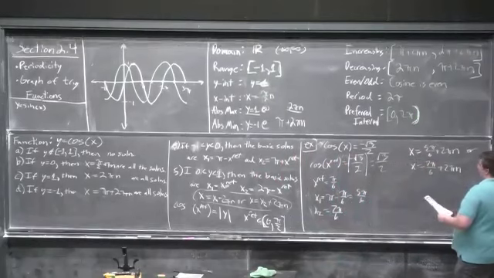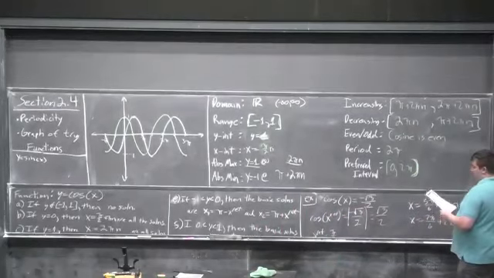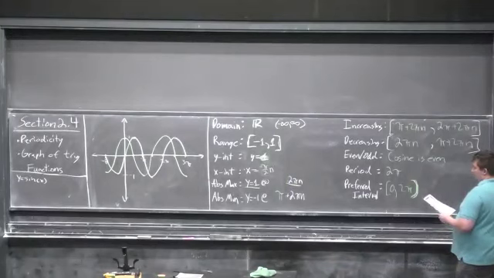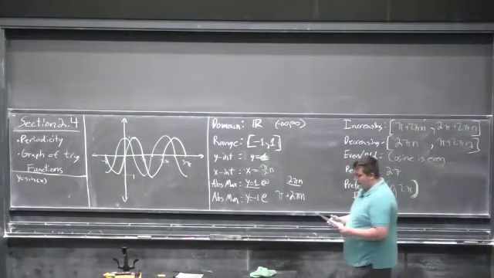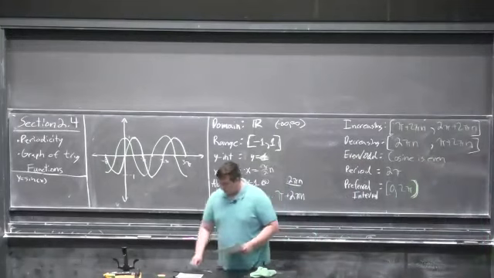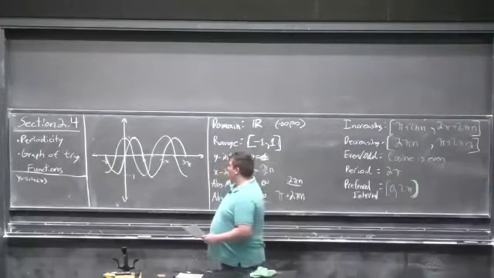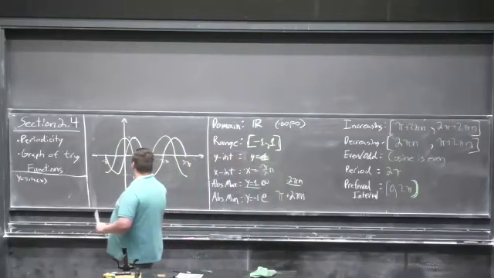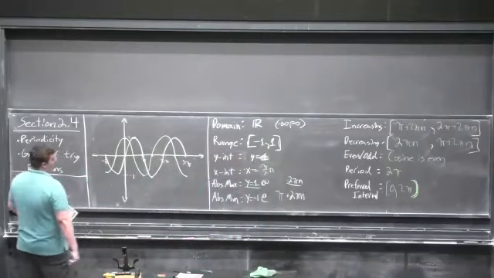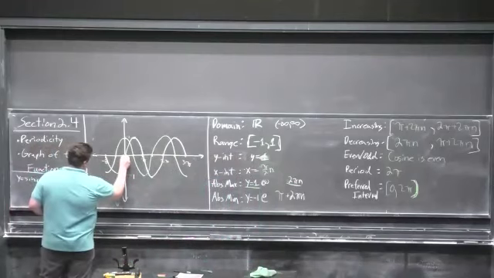So let's look at tangent now. Tangent is sine over cosine. So we can find some properties of it right away. We know that it's 0 at 0.